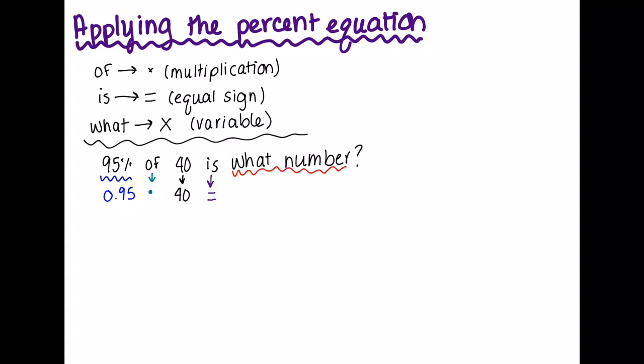That whole thing is just X. So this translates to 0.95 times 40 is equal to X. So in your calculator, all you have to do is 0.95 times 40, and that's going to give you 38. So 95% of 40 is 38.